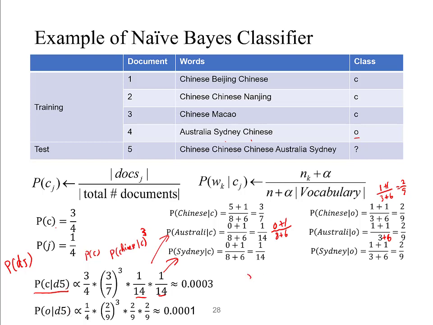Because we know that the probability of C given D5 is larger than the probability of O given D5, the conclusion would be that D5 should be labeled as C. Right, so this is the prediction when you use a naive Bayes classifier.